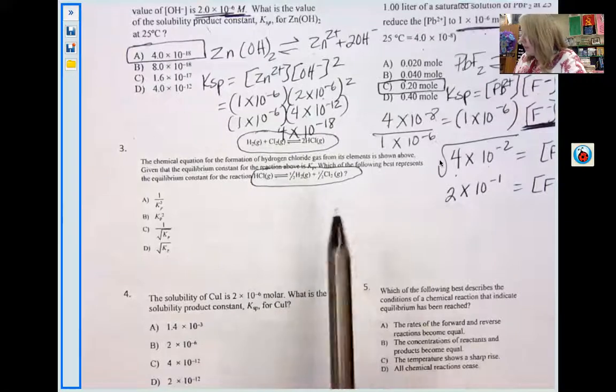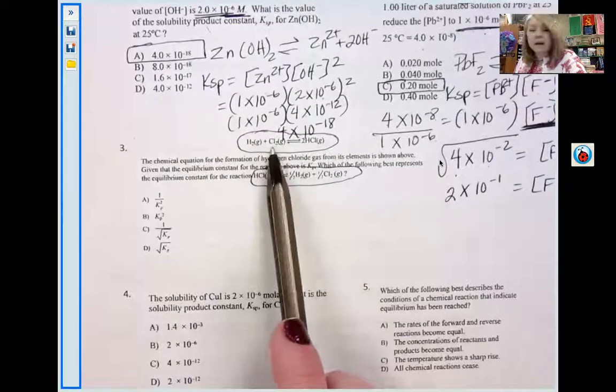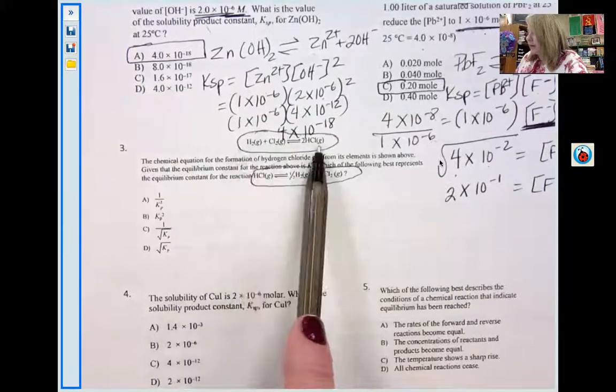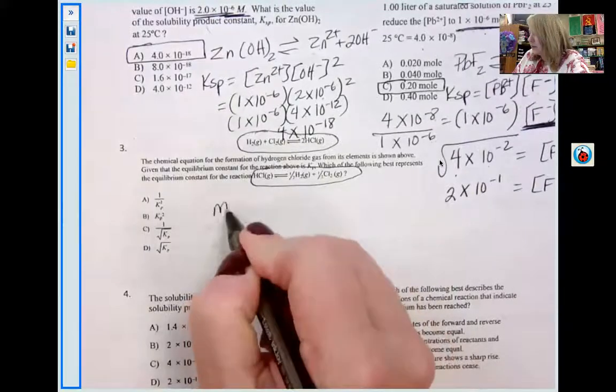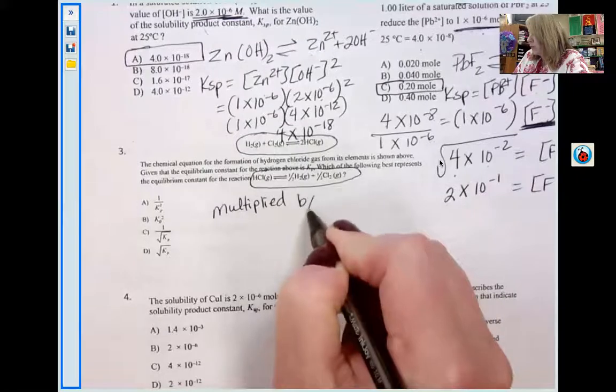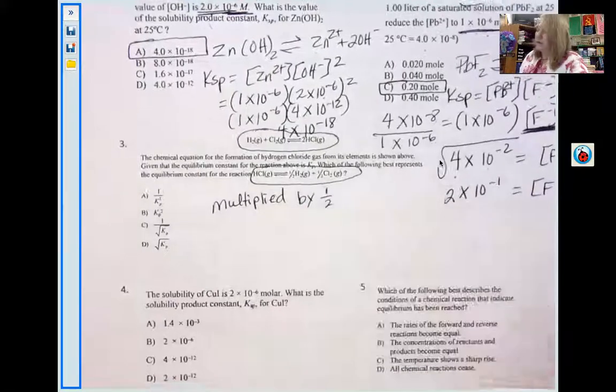Number 1, you see that the exponents, like the Cl, has an understood 1 in front of it, but the Cl here has a half. So this top equation has been multiplied by 1/2, okay? Or you could say it's been divided by 2.